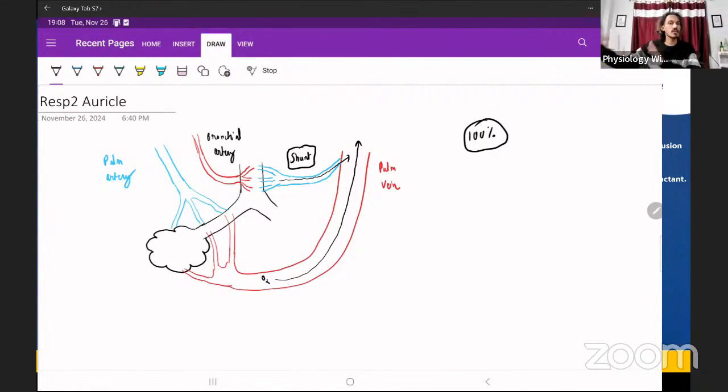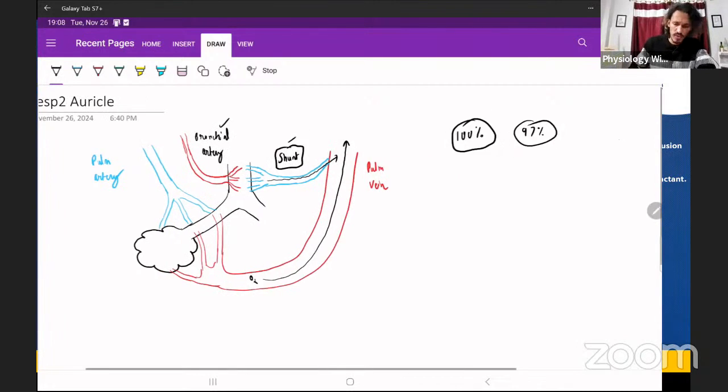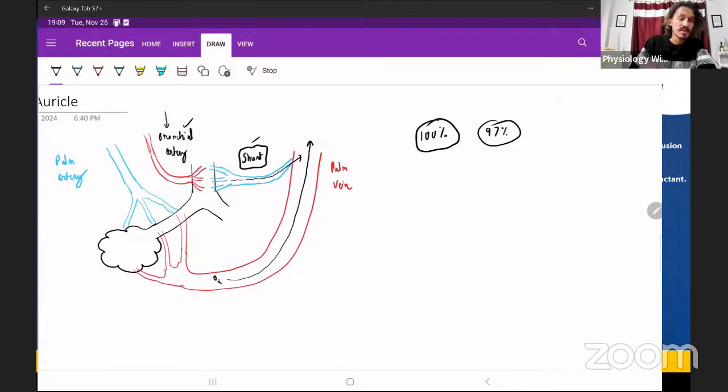It's not going to be 100%, but usually 97%, something like that. You usually do see it mostly. Okay, this is how the arrangement of your pulmonary vasculature is, and just the importance of your bronchial artery and the shunts. Most commonly bronchial artery is coming from your thoracic artery. Most commonly, not all the time.